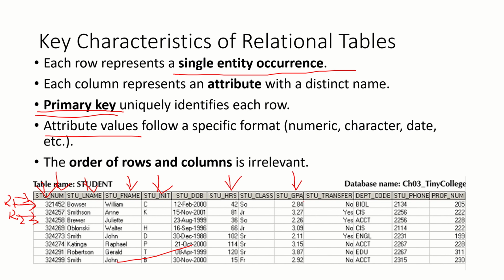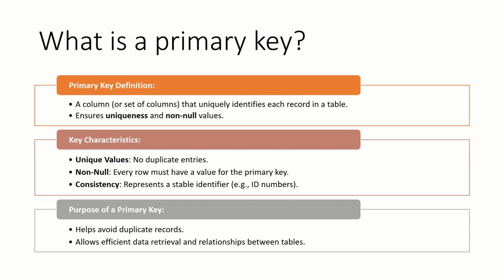However, the order of the rows and the columns is irrelevant. This row could be the first one or the last one, and there's no related problem.